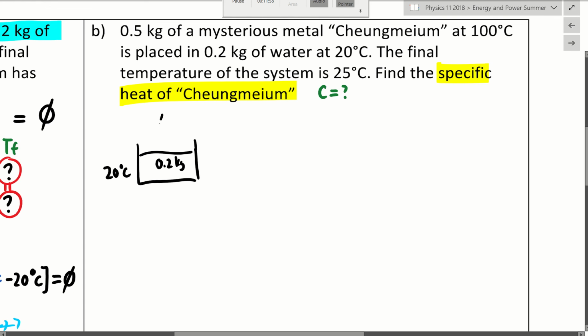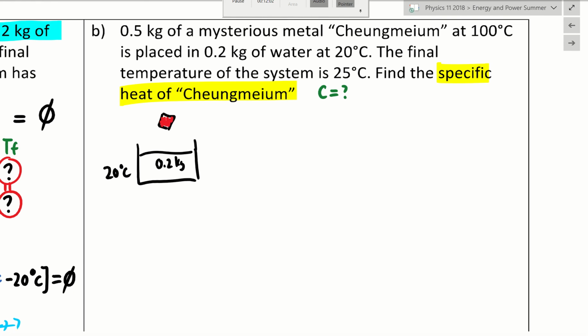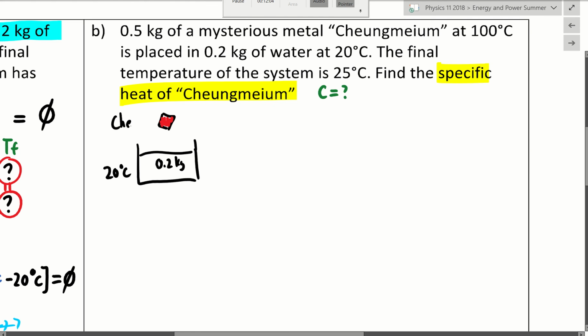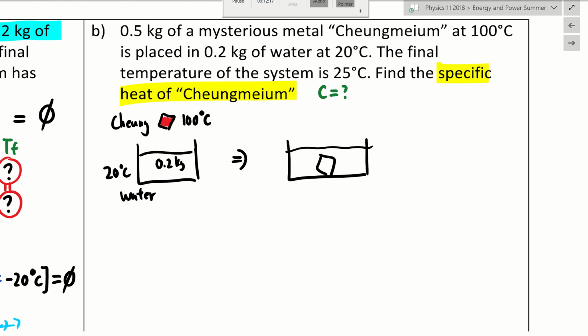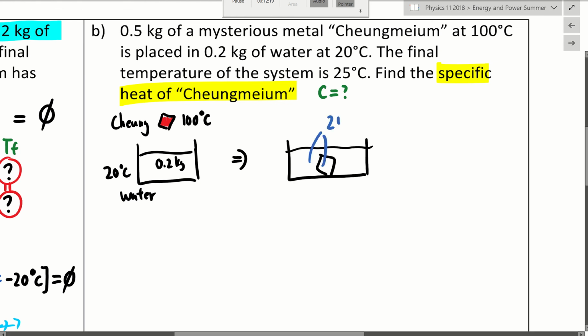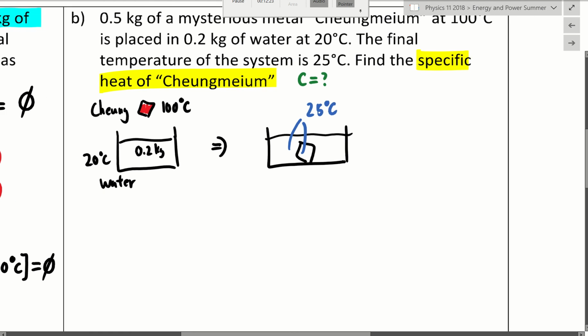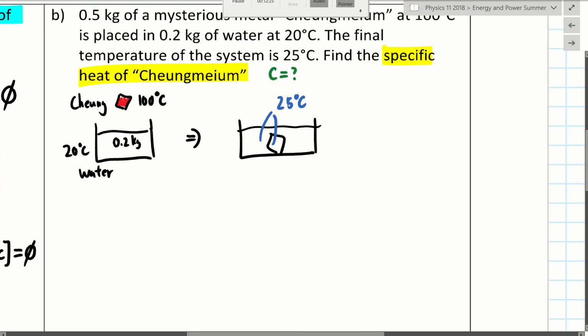And I have a piece of metal, which is called chromium. So this is me, this is the water. And right now, the temperature of the metal is 100 degrees Celsius. So I drop that in, and I wait a while, and then everything goes to the same temperature, 25 degrees Celsius. Okay, so what is the specific heat capacity?